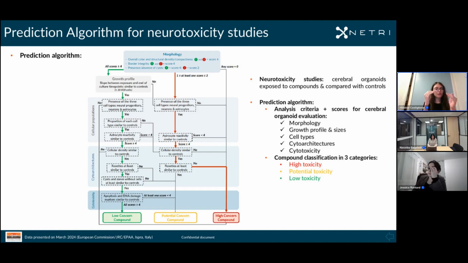And so depending on the scores obtained for each index, it will guide the decision process towards one of the three classification categories for the assayed compound: high toxicity, potential toxicity, or low toxicity.